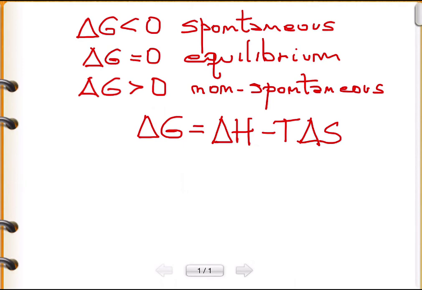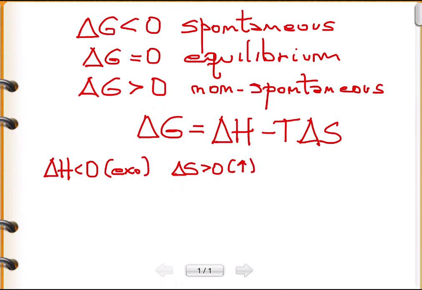For example, the reaction may be exothermic, have a delta H smaller than 0, means a reaction that is exothermic. And the delta S could be larger than 0. In other words, the entropy is increasing.